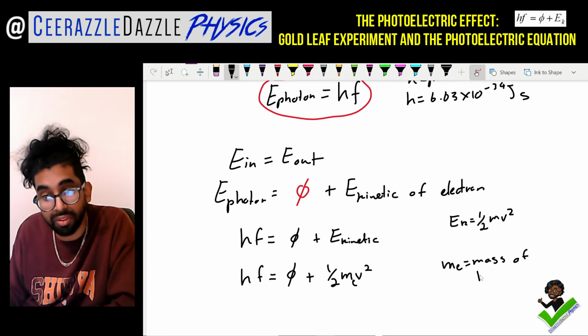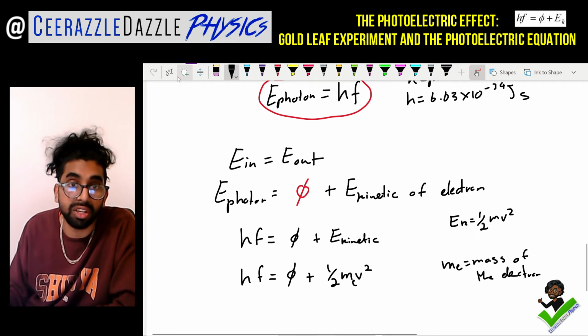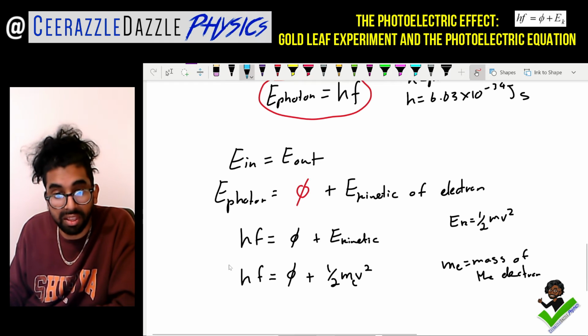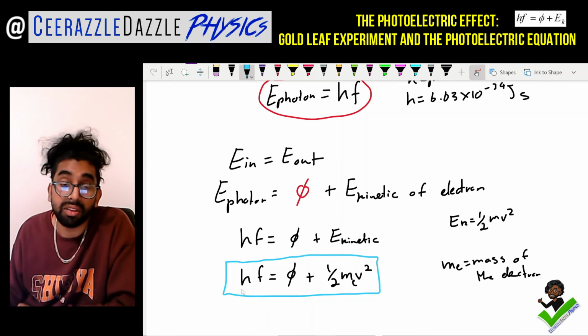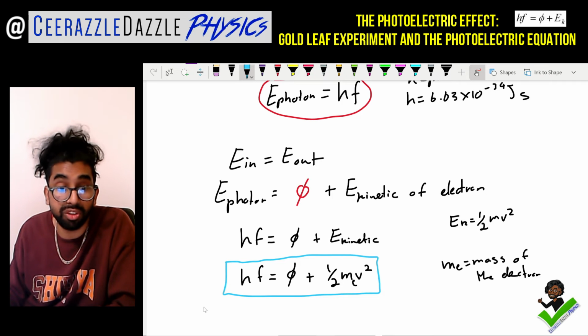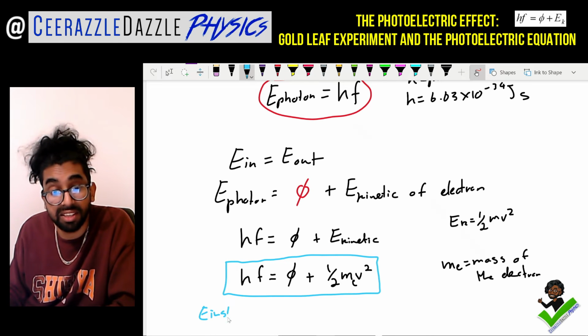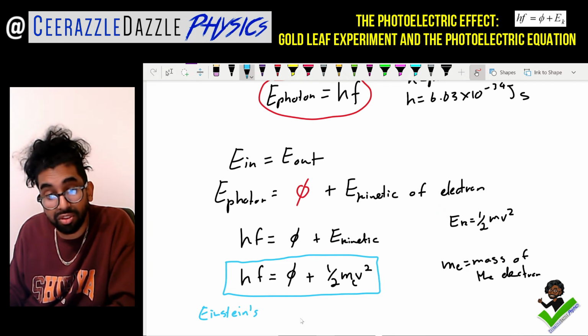This is known as Einstein's photoelectric equation.